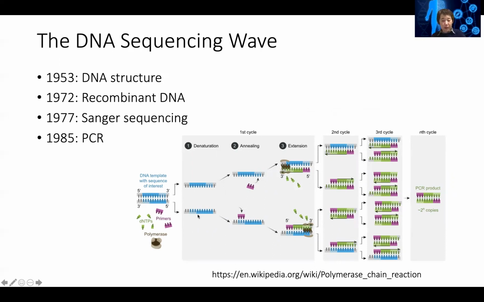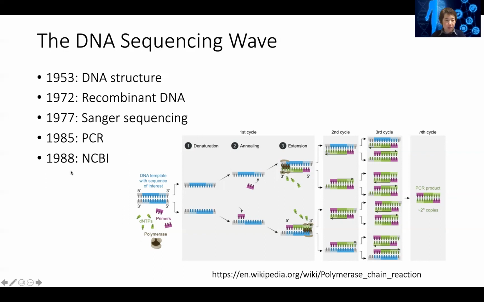This is an exponential amplification; starting from even a single copy, you can amplify millions of copies in a very short time. And with enough copies, you can use Sanger sequencing to figure out the specific sequence of the gene you're interested in. With that, more and more people started to do DNA sequencing.